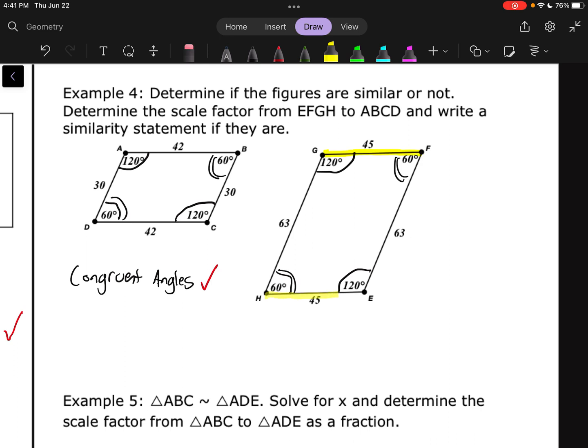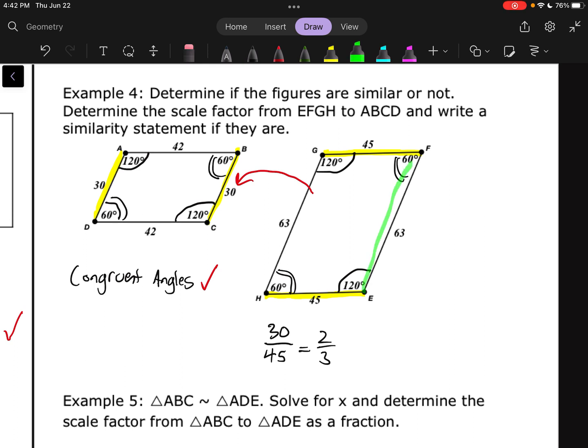Let's check the small sides over here with the small sides over here. Now we're trying to go from, it says from EFGH to ABCD. So in this case, we're going this way. So if I do new over old, I would be checking 30 over 45, which would be 2/3.